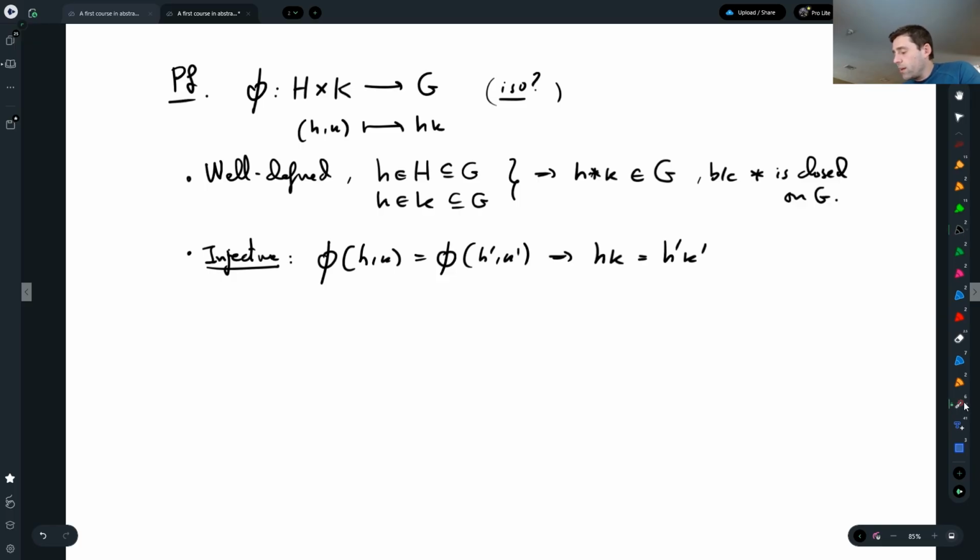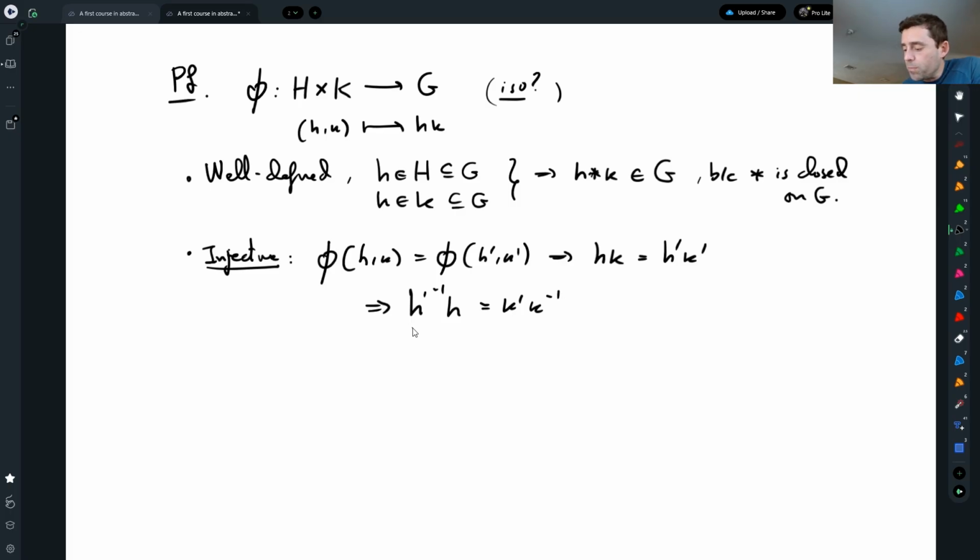One way to do that, a very common trick in mathematics, is to put things that are apples with apples and pears with pears. The apples in here are the h's, which are both in a subgroup H, and the k's, which are both in a subgroup K. So what I'm going to do is multiply on the left by h prime inverse, and on the right by k inverse, so that I have this expression.